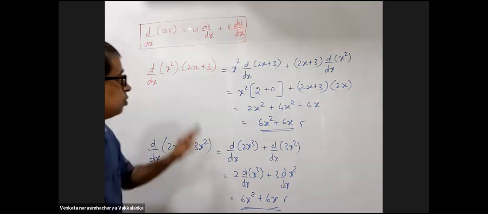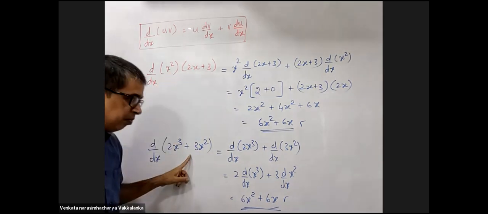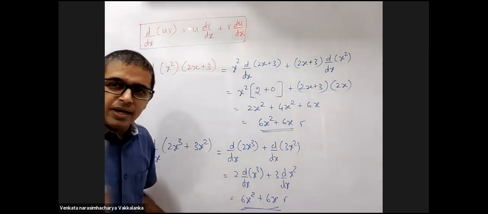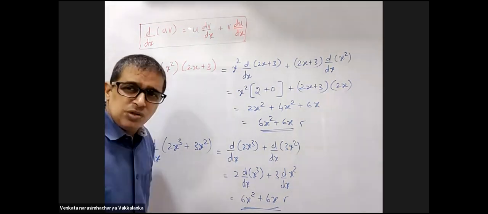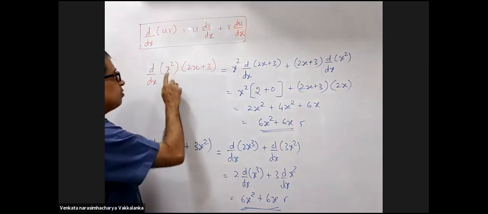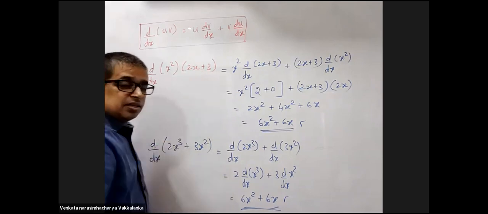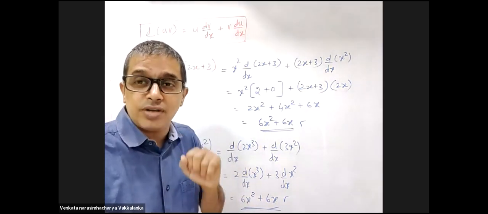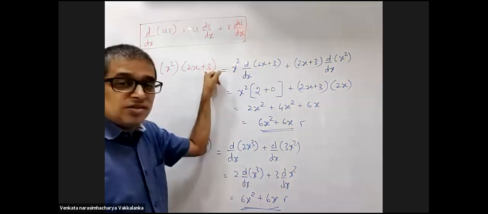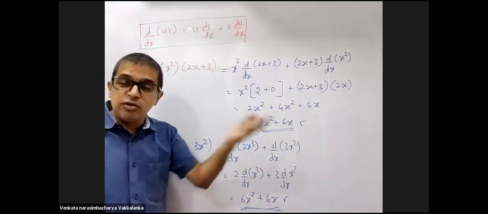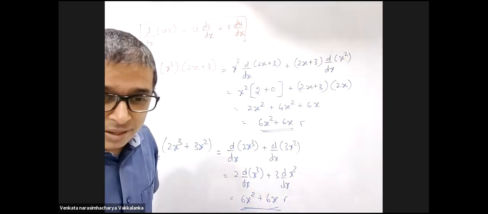I multiplied this, made it a polynomial and solved it. Every time I can use this, no. You cannot, when one is a function of x and the other is given as sin x or cos x. If I give you this as sin x, you have to use the function u into v.